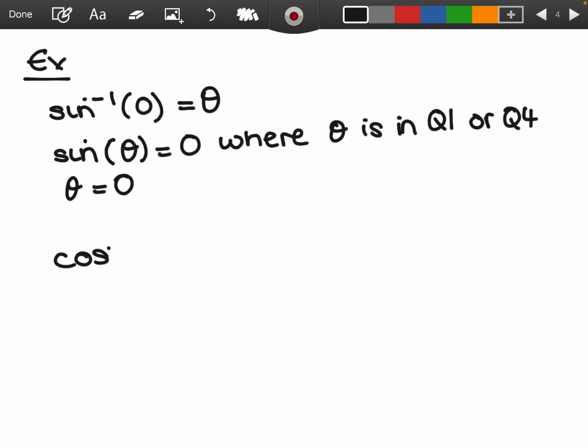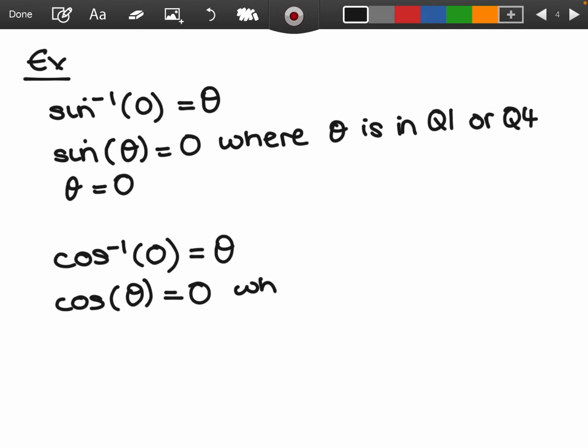Next, we'll look at cosine inverse of 0. Okay. Again, set it equal to a variable. You can use y, theta, whichever one you want. And now I'm looking for a theta such that cosine of theta equals 0. And now theta has to be in quadrant 1 or quadrant 2 because I'm looking at cosine inverse.